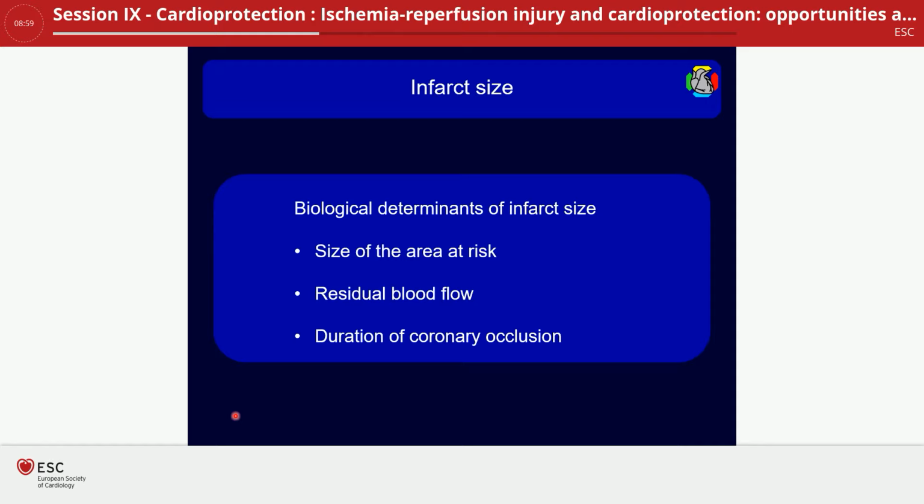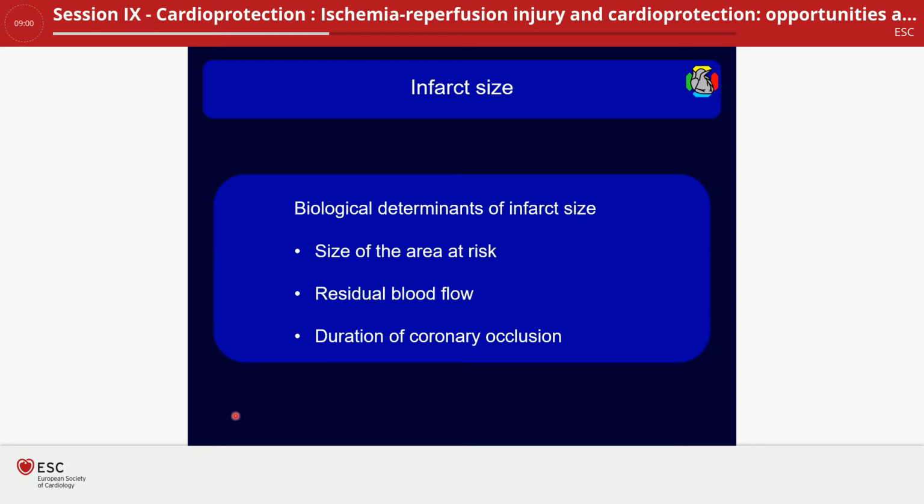Infarct size as a major determinant of patient's prognosis has a number of determinants. Of course, the primary determinant is simply the area at risk, how much myocardium is actually malperfused. If there's a little tiny area that is not receiving blood flow, the infarction will also be very tiny. If it's a large area, and this happens mostly if the left anterior descending coronary artery that is perfusing the anterior side of the myocardium and the apical side is occluded, then the infarction will be large. It depends, of course, how much residual blood flow you have.